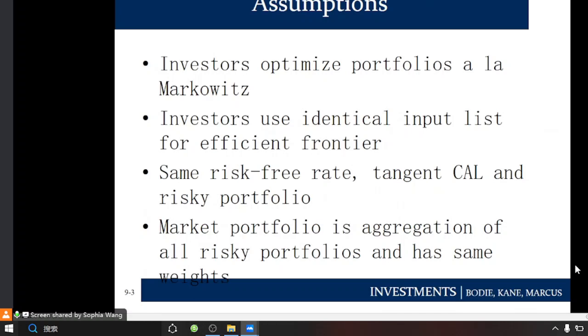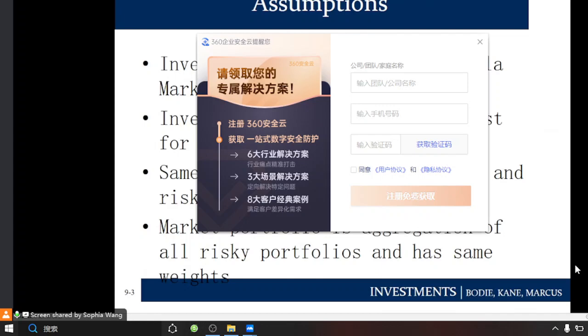If all of these are satisfied, then the CAPM model is correct. But we can find that this is really not true in the real stock market. It's very difficult to satisfy. So let's look at what the assumptions are. If the CAPM model is correct, it should have these kinds of assumptions.